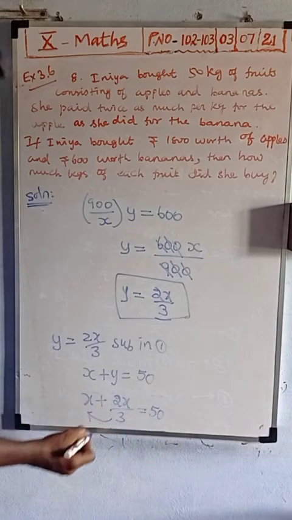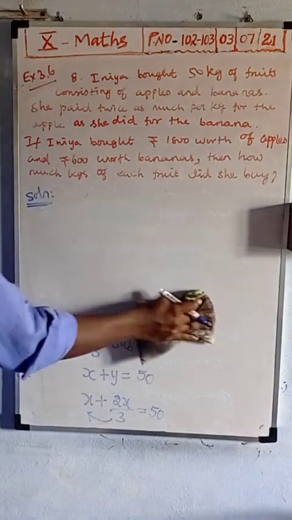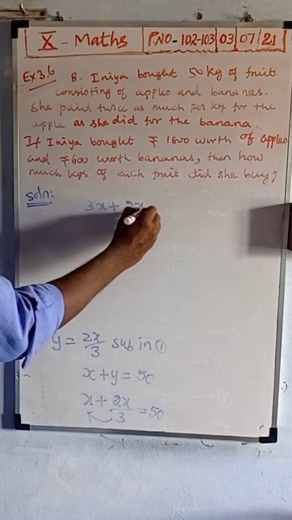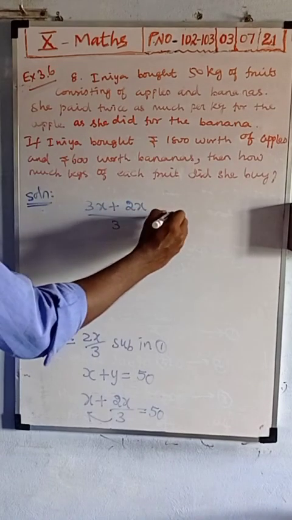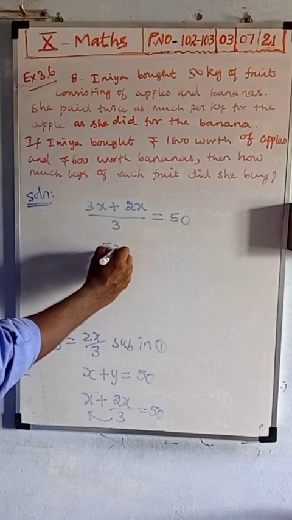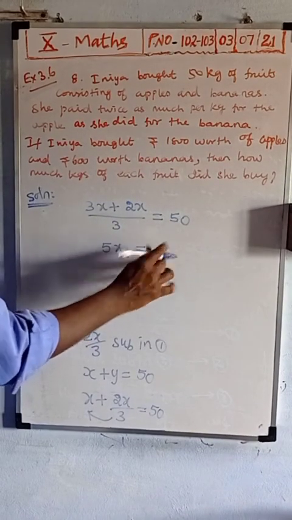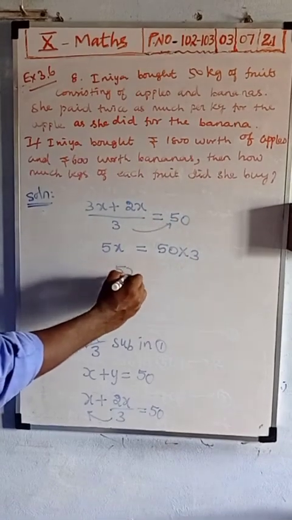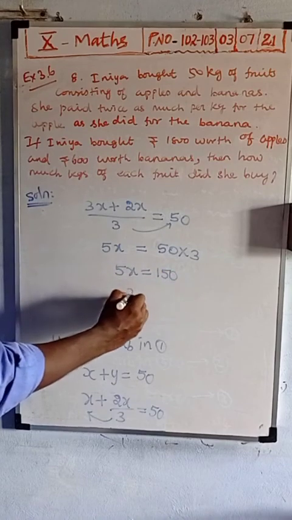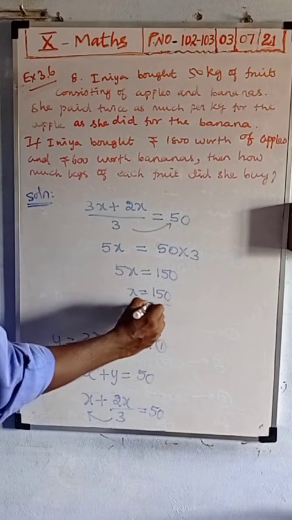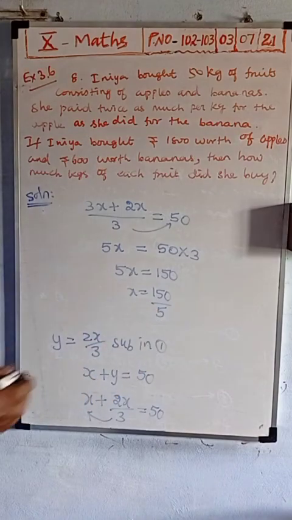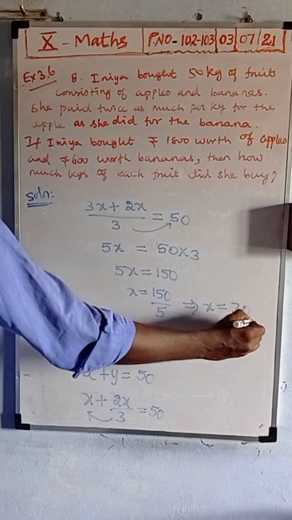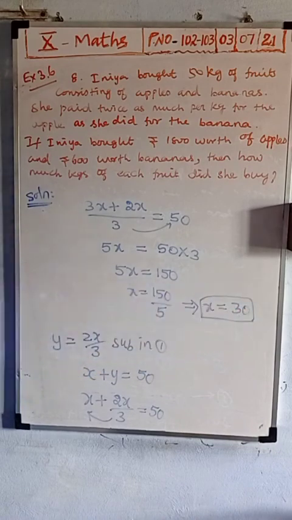Now take 3 as the LCM: 3x plus 2x, whole divided by 3, is equal to 50. So 5x is equal to 50 into 3. Division by 3 on that side goes as multiplication. Now 5x is equal to 150. So x is equal to 150 by 5. This implies x is equal to 30, since 3 fives are 15. So x we received as 30.